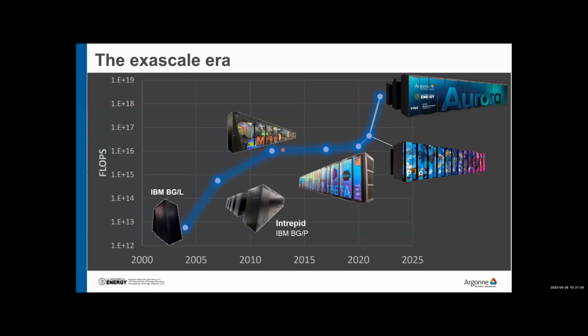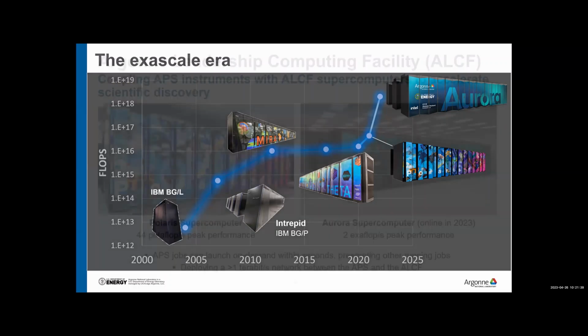We had obviously the petascale era, and recently the Polaris machine, which is about 44 petaflops, has been introduced at Argonne, and Aurora, which will be above 2 exaflops, is currently in the final stage of installation here at Argonne. We'll see the light later this year. So in terms of synergies and being able to exploit these computing capabilities for the light sources, it's a pretty good and very timely opportunity.